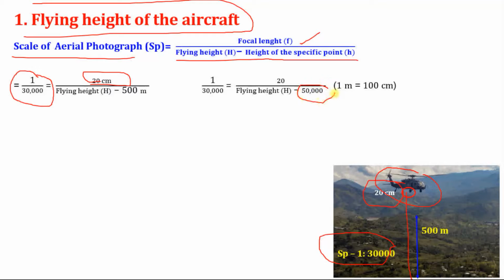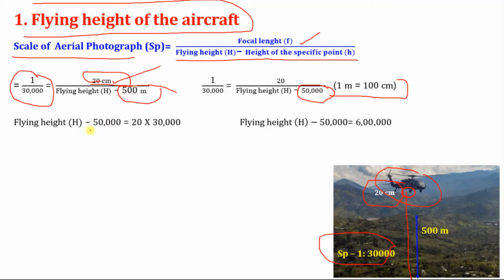Why here 50,000? Because focal length is given in centimeter and height of the specific point is given in meter. We convert meter into centimeter. 1 meter is equal to 100 centimeter.